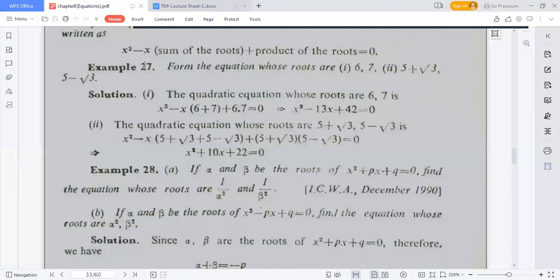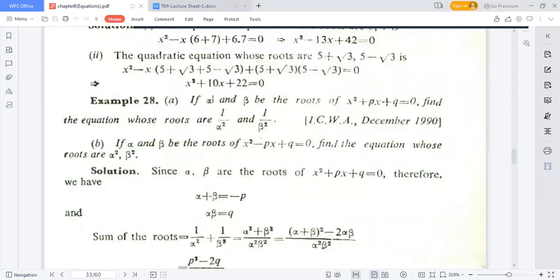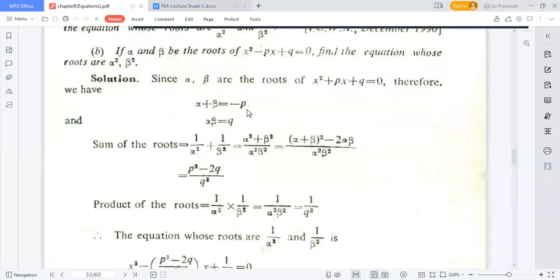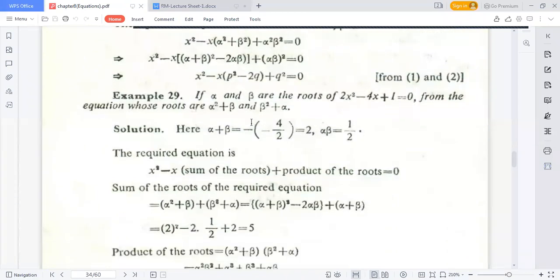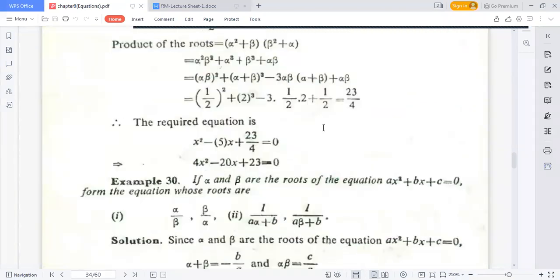Okay, this example 27, same, just formation of equation of these two roots. Similarly, example 28, and this is important for you. If alpha and beta be the roots of the equation, we have to form the equation whose roots are 1 by alpha square and 1 by beta square. Similarly, we have to form the equation whose roots are alpha square into beta square. Okay, just using the same procedure. And example 29 also, it is a very important example for you. Just sum of the roots and product of the roots, then putting the values in the formula.